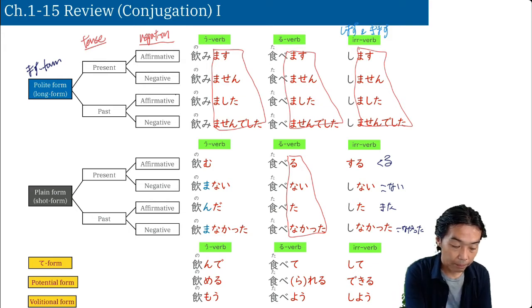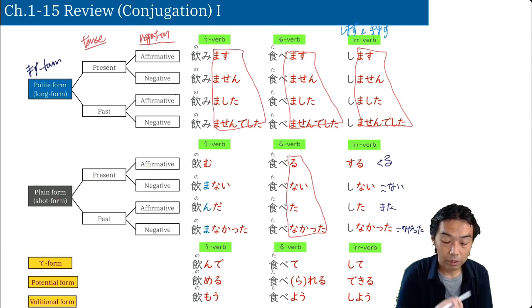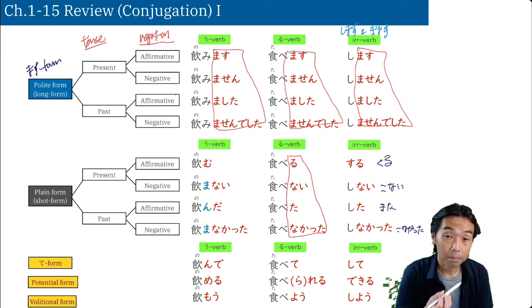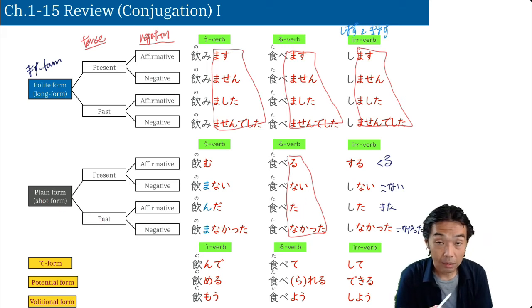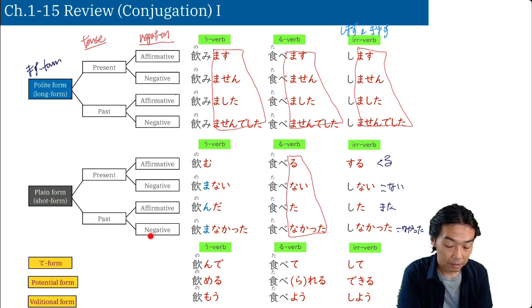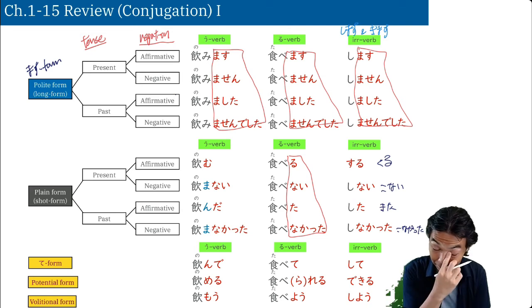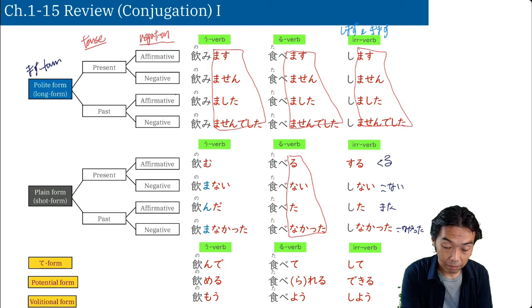The plain present affirmative always ends with る, such as 食べる、起きる、見る. The plain present negative is always ない, so 食べない、見ない、寝ない. Plain past affirmative is always た, so 食べた、見た、寝た. And plain past negative is なかった, so it's always 食べなかった、見なかった、寝なかった. Okay? So that's how it works.